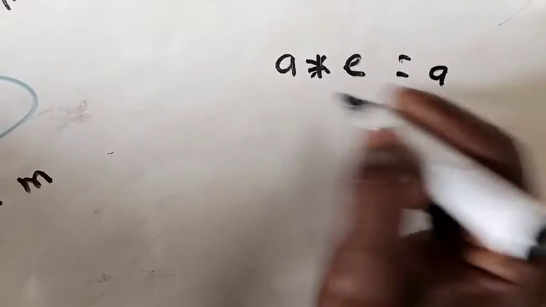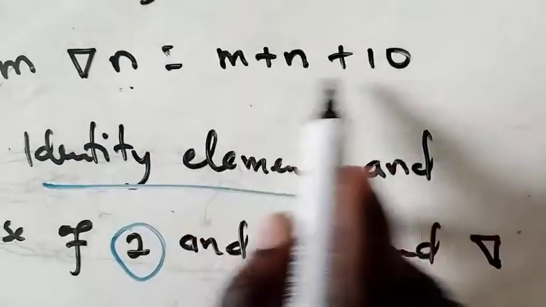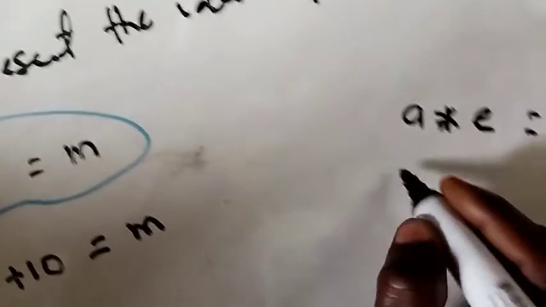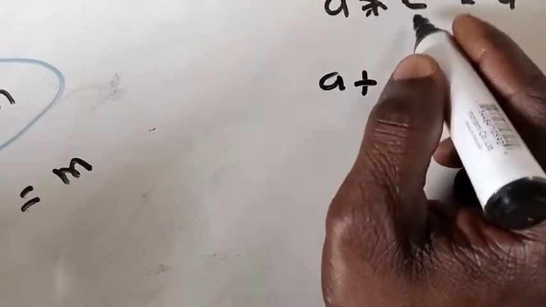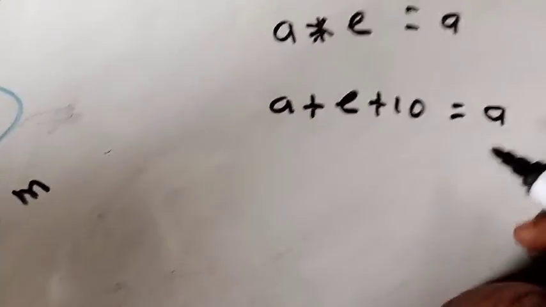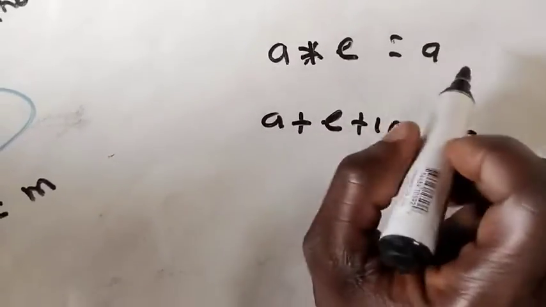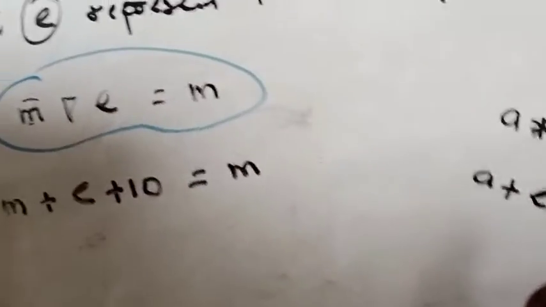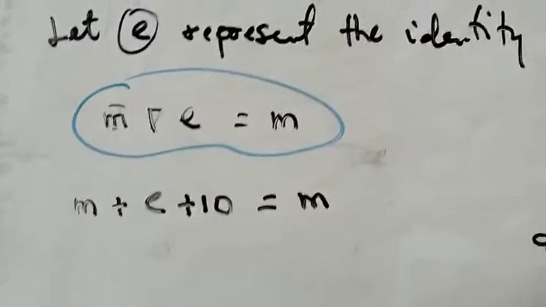If you want to combine this with the same operation we are using here, it should start with A plus the second person, which is E, and then plus 10 equals A. The same thing. So don't let the letters confuse you. All that matters is that you understand exactly what we are doing.